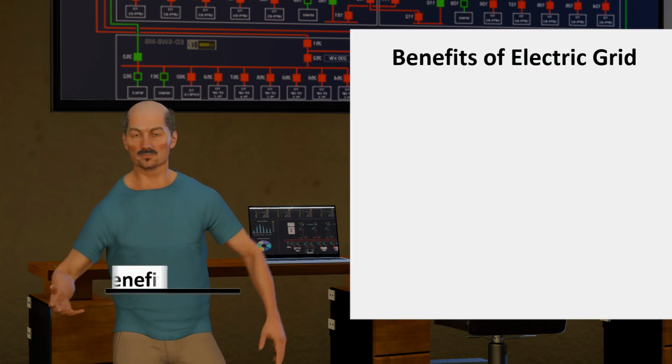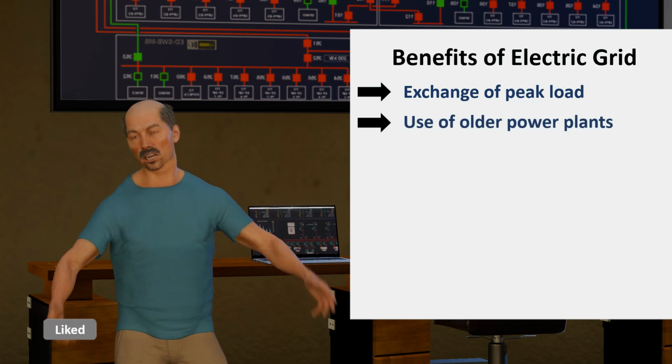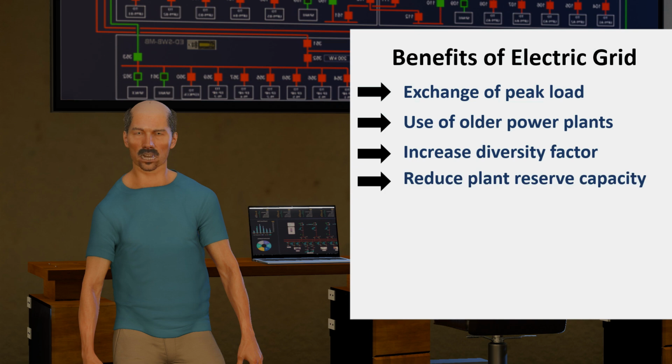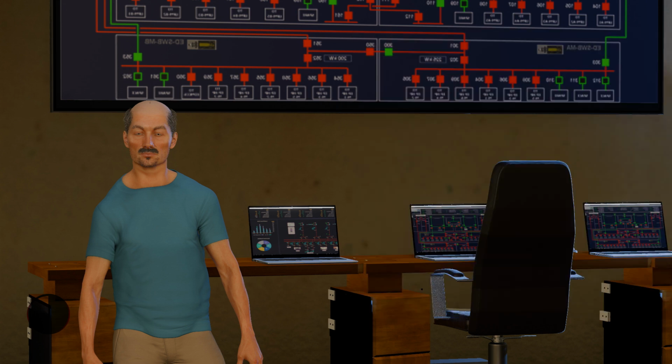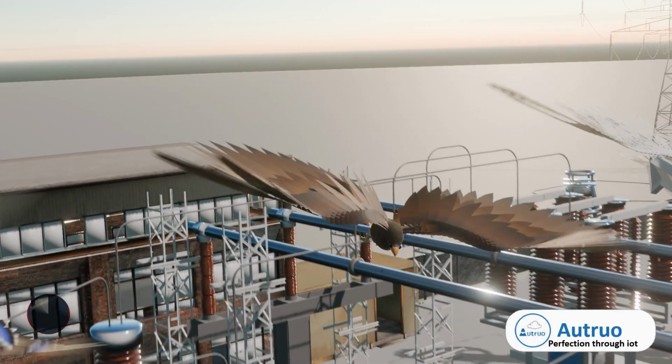These are: exchange of peak load, use of older power plants, increased diversity factor, reduced plant reserve capacity, and economical operation. Starting with the exchange of peak load, when there is high demand coming from the consumer end.